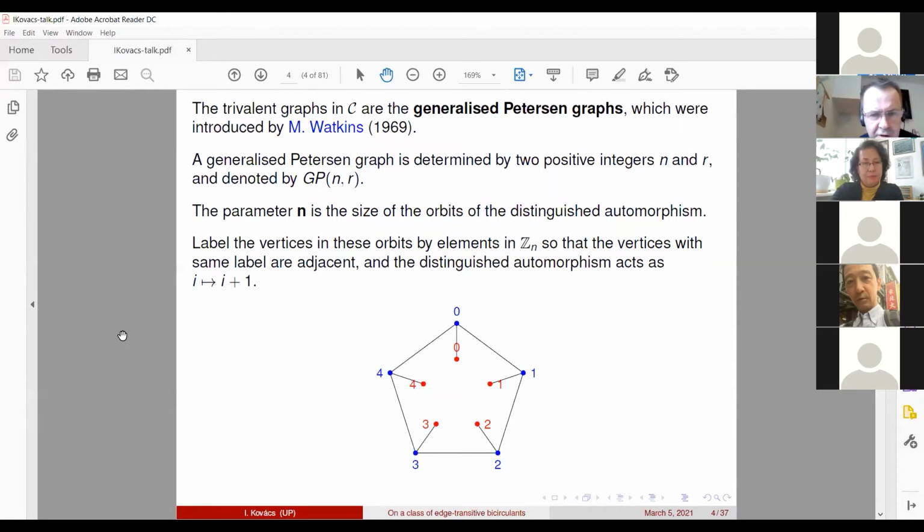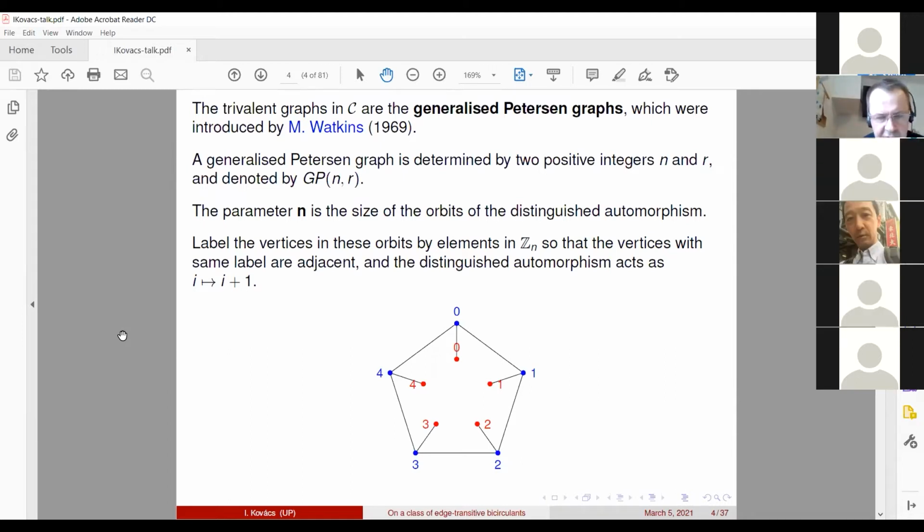He introduced them with two parameters and used the notation GP(N,R). The first parameter, N, is just the size of the orbits of the distinguished automorphism. So the graph has 2N vertices, and in each orbit, you can label the vertices with elements from Z_N in such a way that the mapping of an element i to i plus 1 becomes an automorphism, and also the vertices with the same label are joined by an edge.